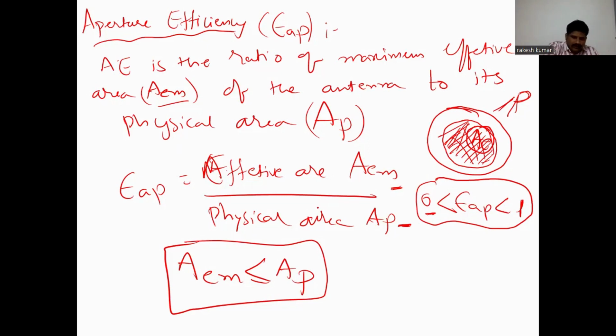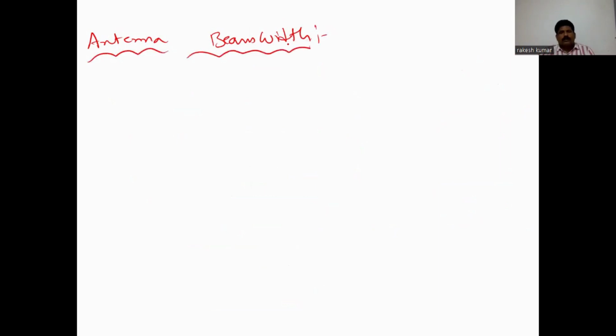Next, we'll discuss the parameter called antenna bandwidth.